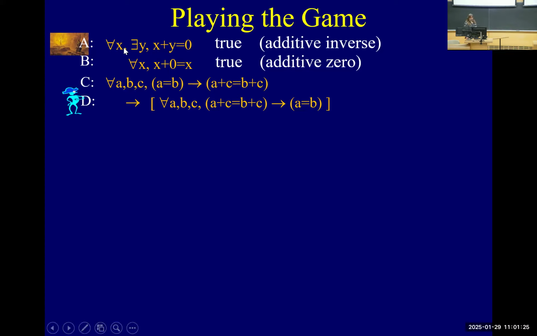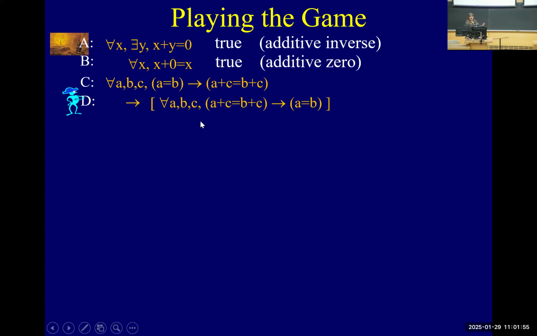So let's start with this assumption that everything has an additive inverse. Let's assume that if you add 0 to anything, it doesn't change it. And let's assume that if you know A equals B, then you can add C to both sides, right? We're going to assume those are true.